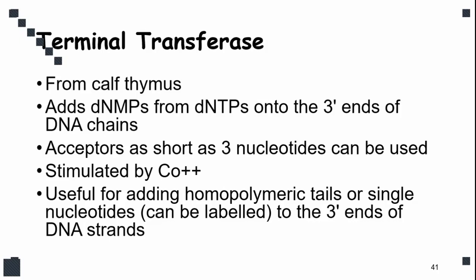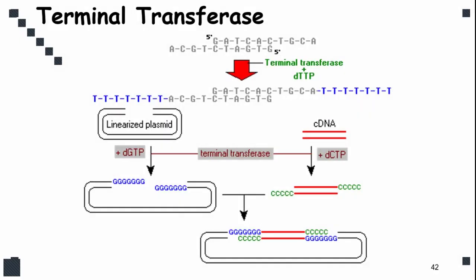In this instance, acceptors as short as 3 nucleotides can be used. It is stimulated by cobalt and is useful for adding homopolymeric tails, or a single nucleotide can be labeled onto the 3' end of a DNA strand. So let's see what we mean by that.